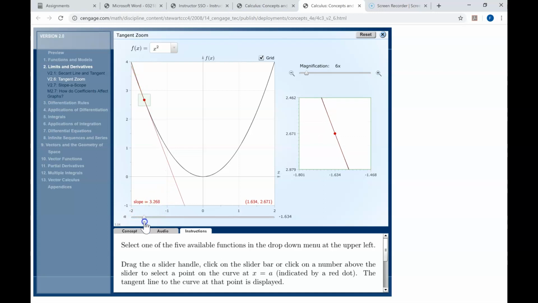And as I keep getting closer and closer to 0, you see what's going on with this line. And then when it gets to 0, it's a horizontal line, and therefore we can see that the slope is 0. Now, that's going to be important as we look forward into our discussion. And then if we keep going to the right, you can see what's happening with this line. So that's a good animation of what we've seen in our first example.